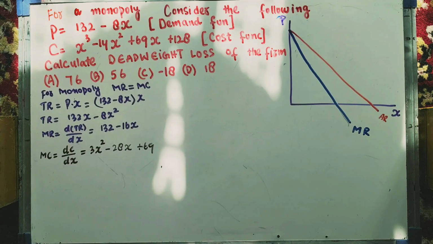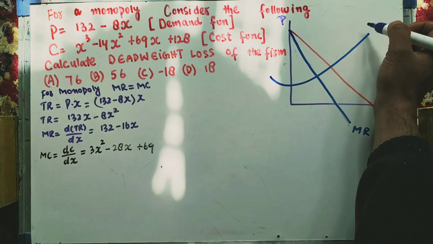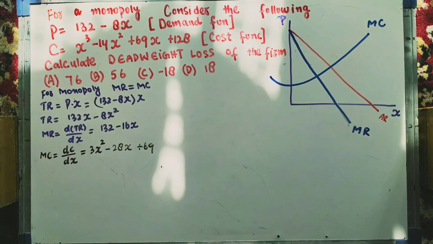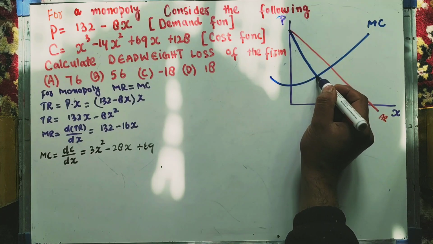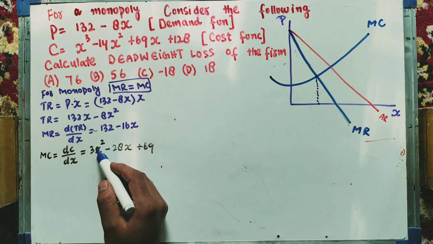So let us say it looks like this, marginal cost function here. Okay, now at equilibrium, what happens in case of monopoly? Marginal revenue should be equal to marginal cost.